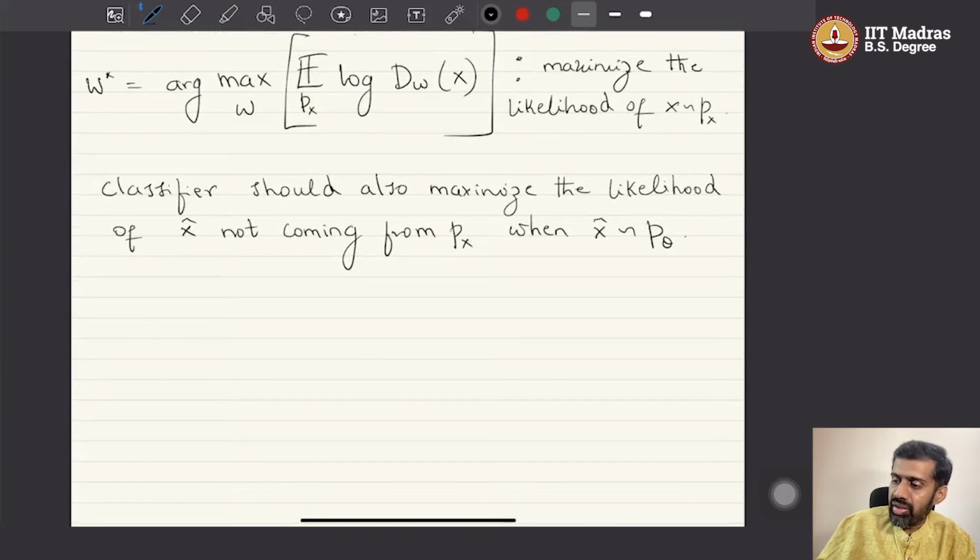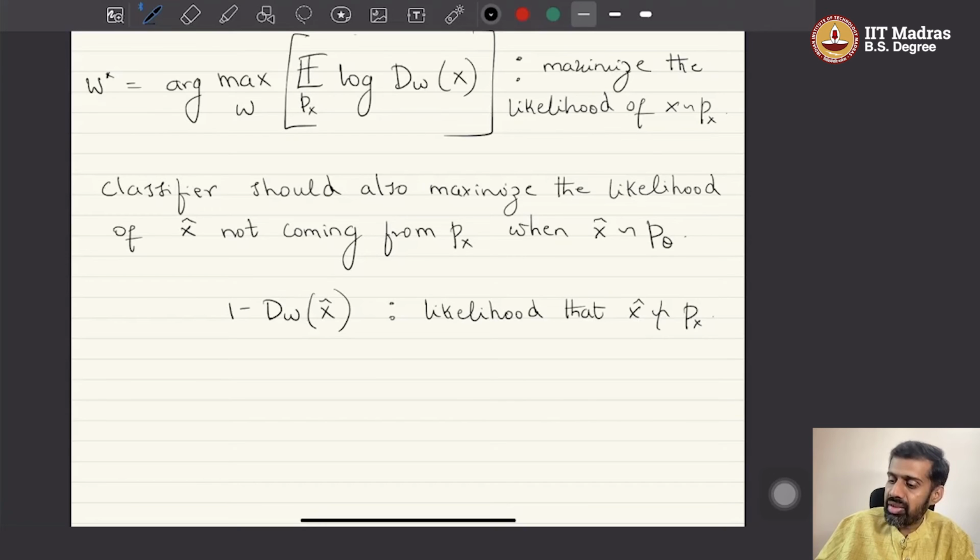Now, if dw of x represents the likelihood that x is coming from px, then 1 minus dw of x cap would tell you the likelihood that x cap is not from px. So this is the likelihood that x cap is not sampled from px.